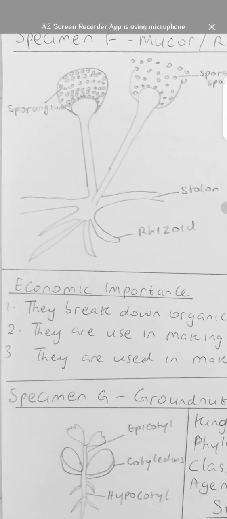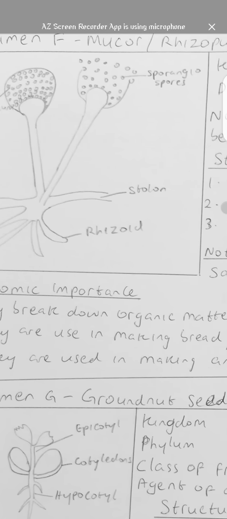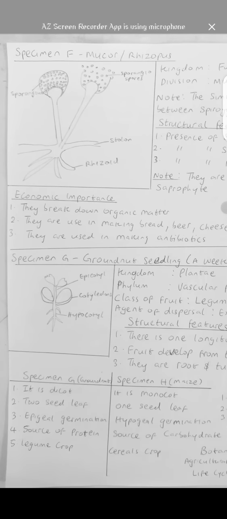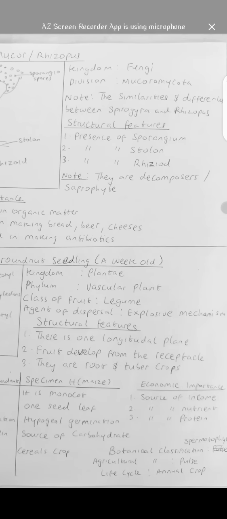Okay. The one that is busted is sporangiospores. Then we have the stolon, and we have the rhizoid. This is the simple diagram. So let's go to the kingdom. It's kingdom Fungi. Okay. The division is Mucoromycota.